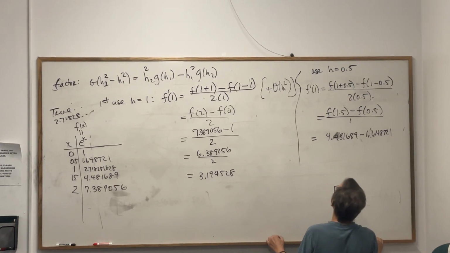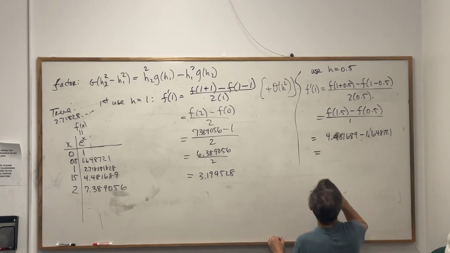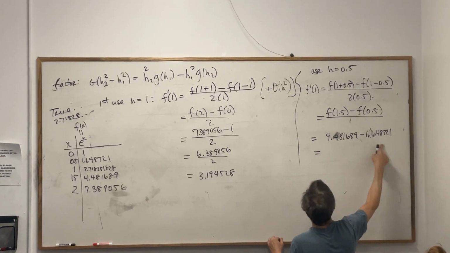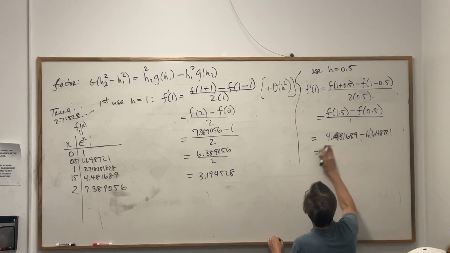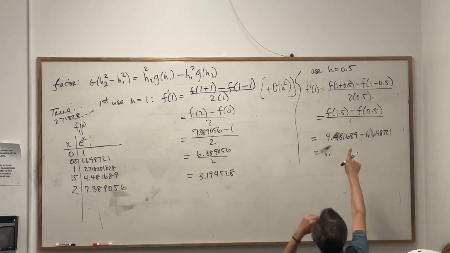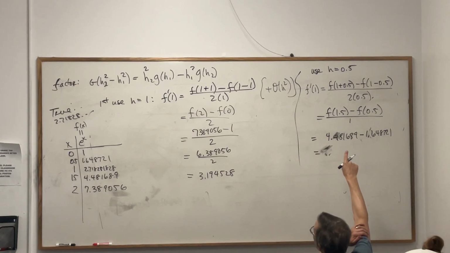I don't want to. What'd you get, Lou? What did Excel give you? I got 1.0 for that, for the step size of 0.5.